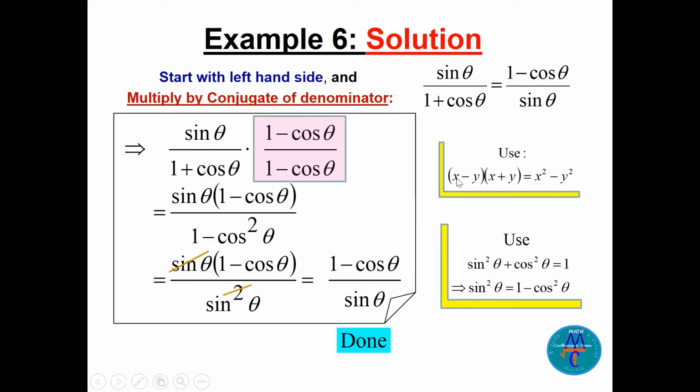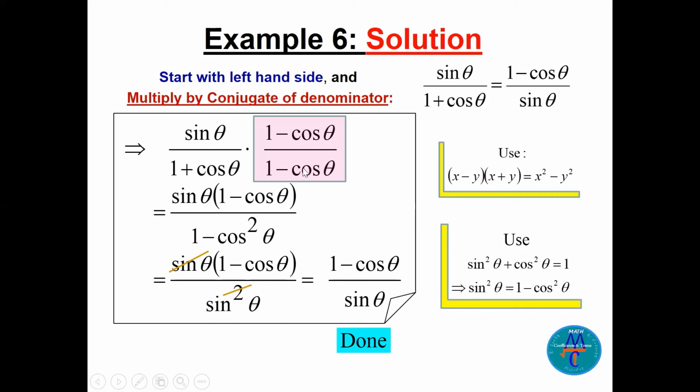See, from algebra, if you have x minus y, x plus y, it will be x squared minus y squared. So when you multiply these two, it will be 1 minus cosine squared of theta. That's a formula also. It will be sine squared of theta. Now we cancel one sine of theta altogether. You get 1 minus cosine of theta divided by sine of theta, which is done.